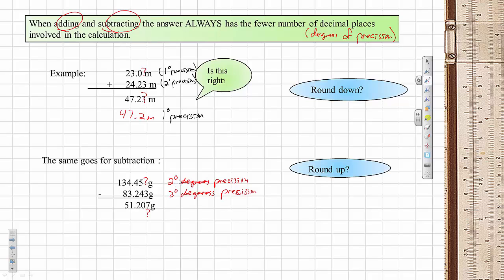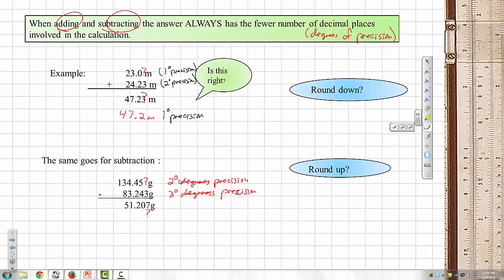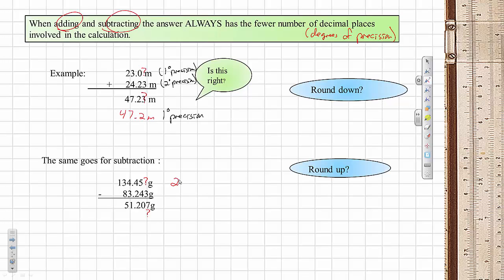I'm going to fix that. I don't like that at all. Okay. So the first number we have 2 degrees of precision. In the second number we have 3 decimal places, 3 degrees of precision. So how many in our answer? The least number. We should only have 2 degrees in our answer.